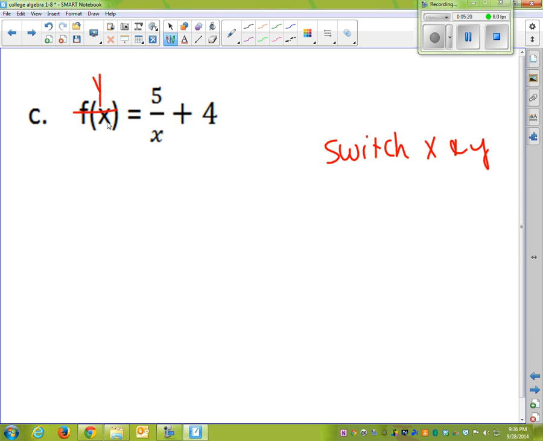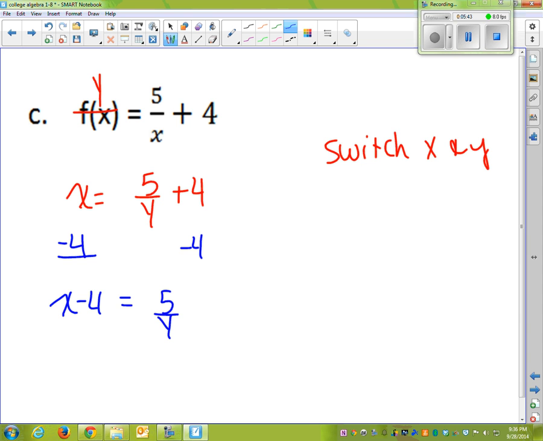So instead of y equals, I now have x equals 5 over y plus 4. Subtract the 4 from both sides. So I have x minus 4 equals 5 over y.